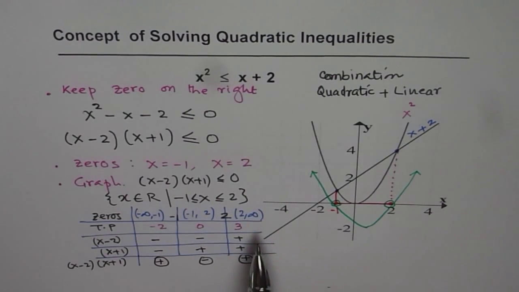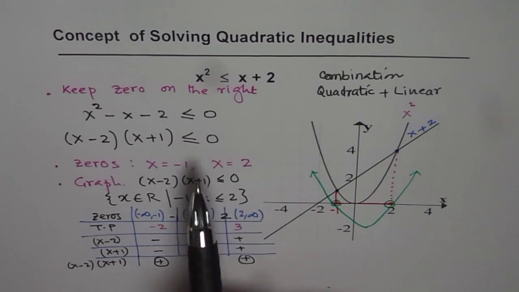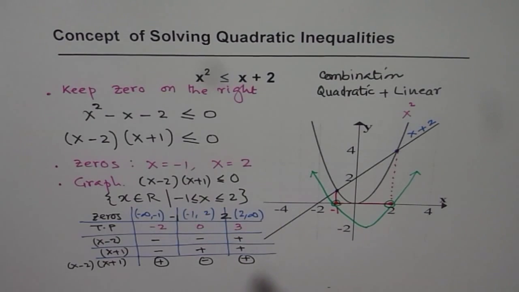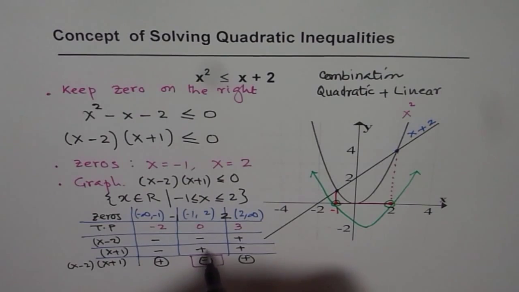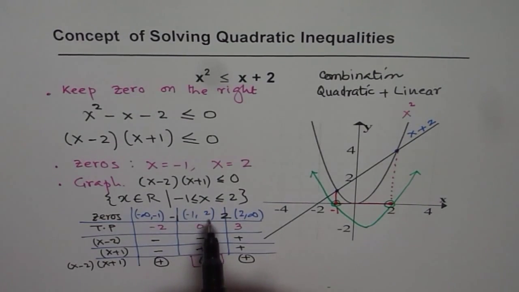Now what are you looking for? The inequality is less than or equal to, correct? That means negative, right? So we get our solution, and the solution is right there, correct? This is the part of the solution between -1 and 2, right? So we again get the same solution.